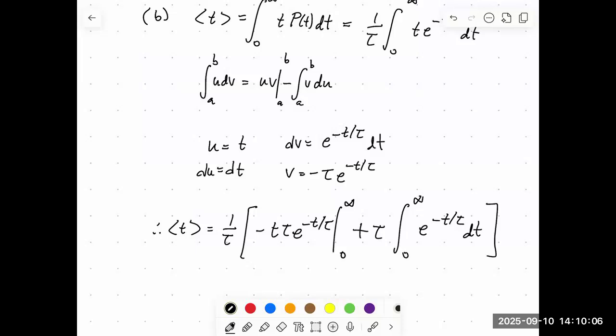Now, what's nice about really explicitly putting these limits in is that at the limit t equals 0, we get a 0 up front. At infinity, we get infinity times e to the minus infinity. What's that going to be? Which one of these is faster? Which one changes more quickly? The linear t? Yeah. So you have infinity times 0, so that's undetermined.